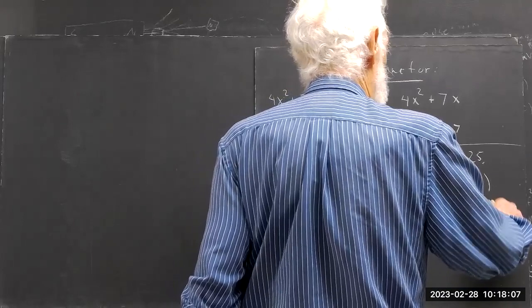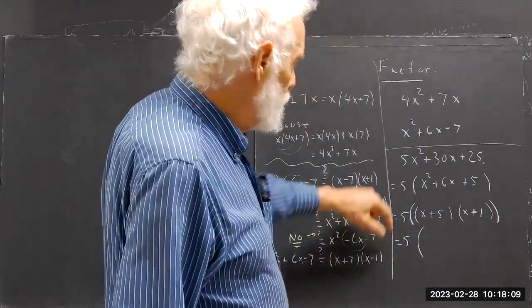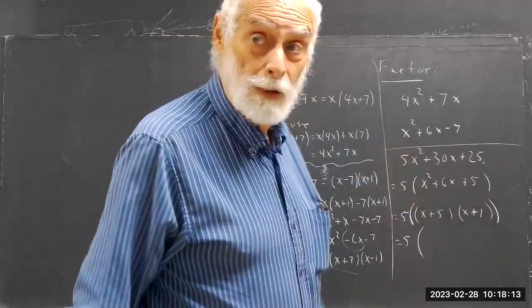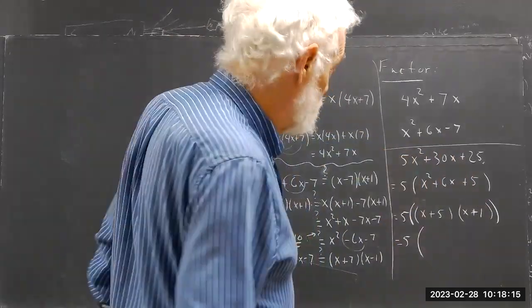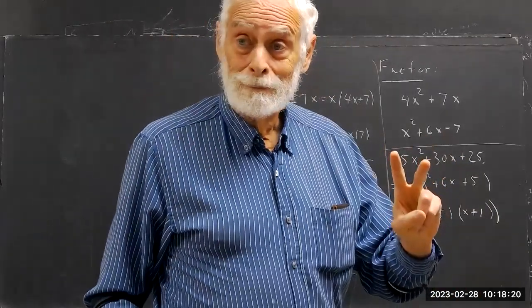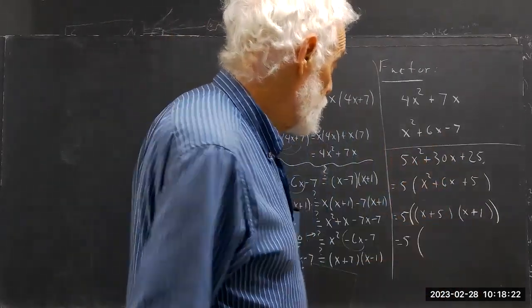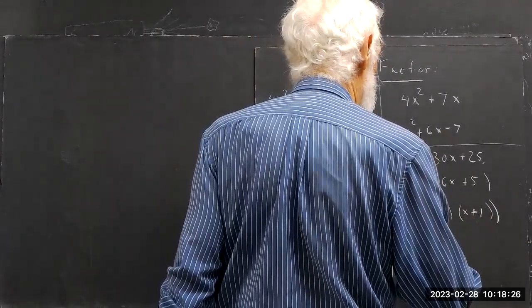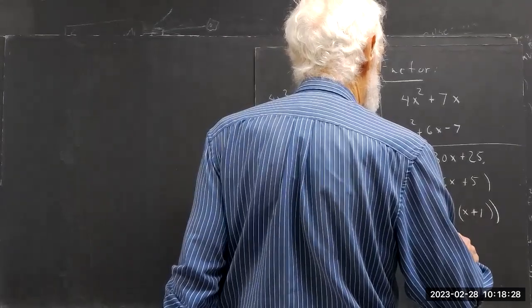In fact, I'll throw one in here too, just to emphasize that we're going to do what's inside this set of parentheses before we multiply anything by 5. We've got 3 things to multiply. You've got to start by multiplying 2 of them, and these are the 2 you want to start with. So x plus 5 times x plus 1, of course, is x times x plus 1.